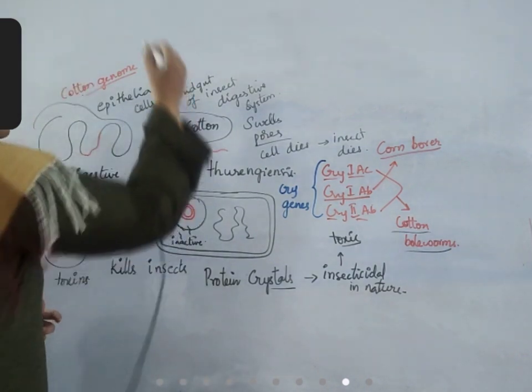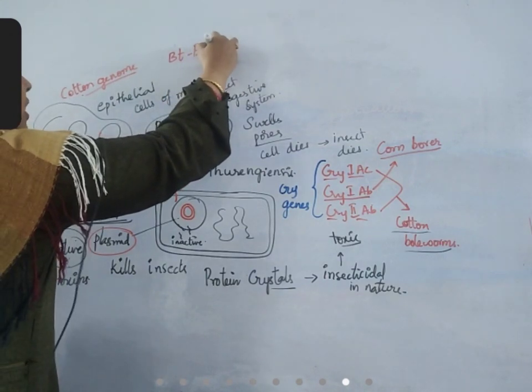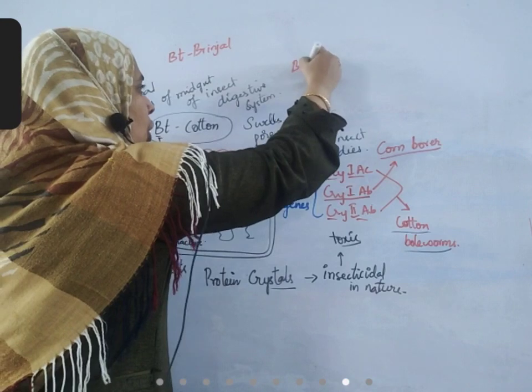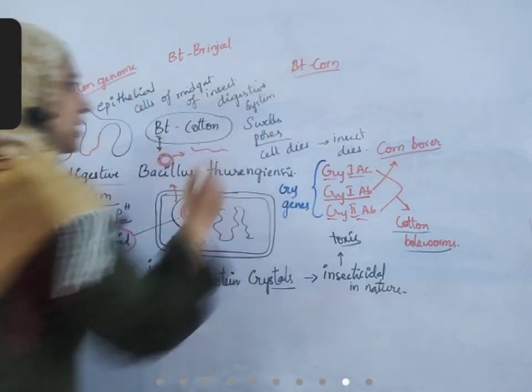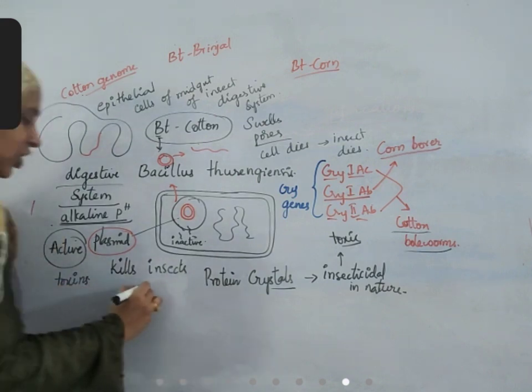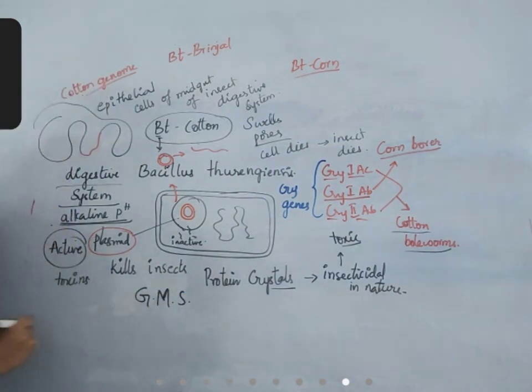Okay, this is also introduced into brinjal and that is called BT brinjal. If it is introduced into corn, it is called BT corn. Okay, this type of modified seeds are called genetically modified seeds, GMS.